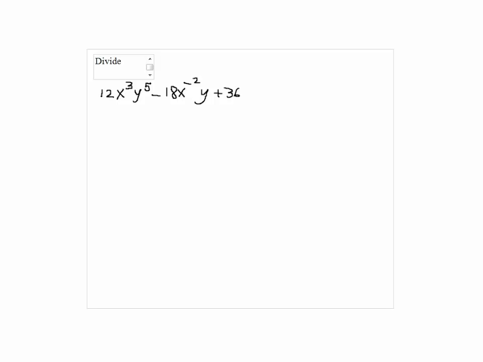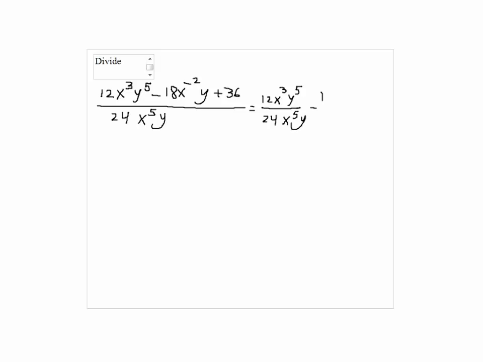Divide 12x to the power of 3, y to the power of 5, minus 18x to the power of minus 2, y plus 36, over 24x to the power of 5, y.